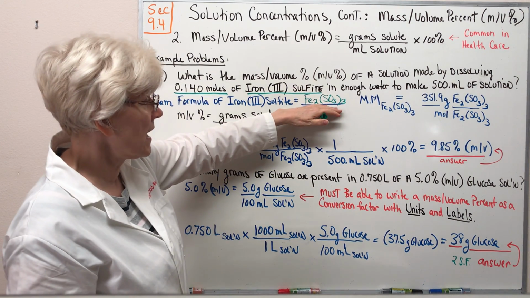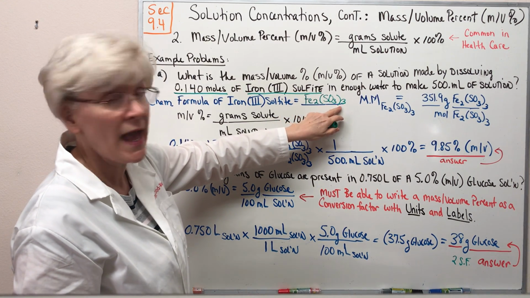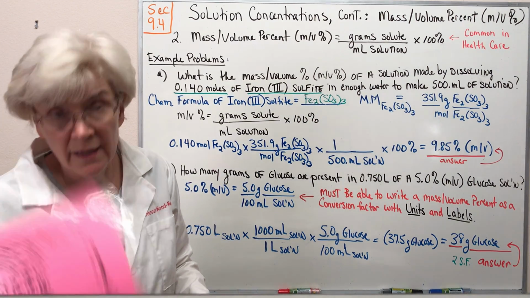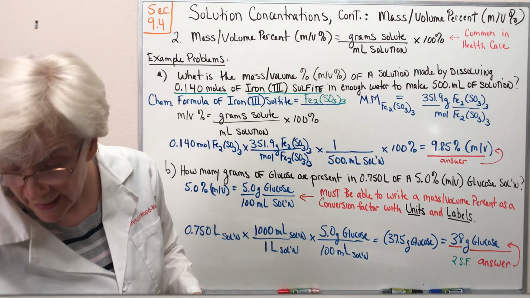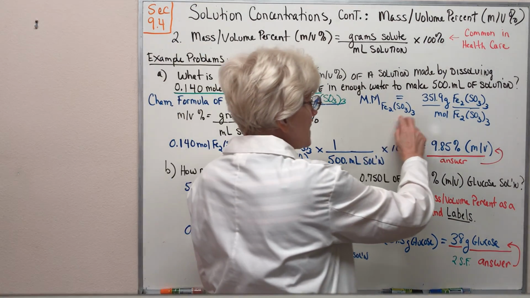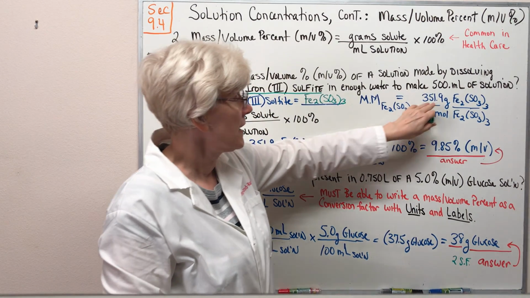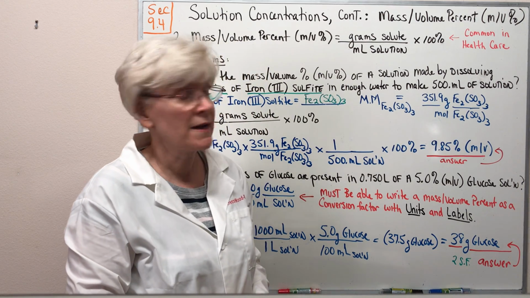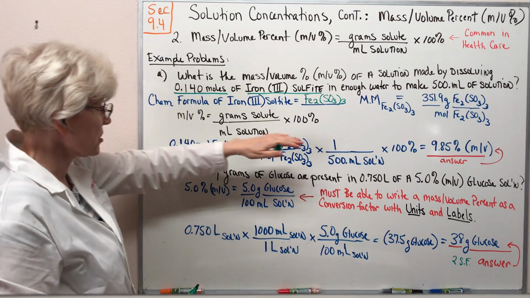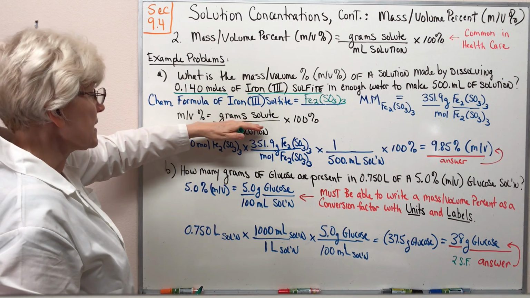And if you take that chemical formula and add up 2 iron, 3 sulfur, and 9 oxygen atoms, the atomic weights listed on the periodic table, and add those values together, you should come up with a molar mass of iron 3 sulfite of 351.9 grams per mole.